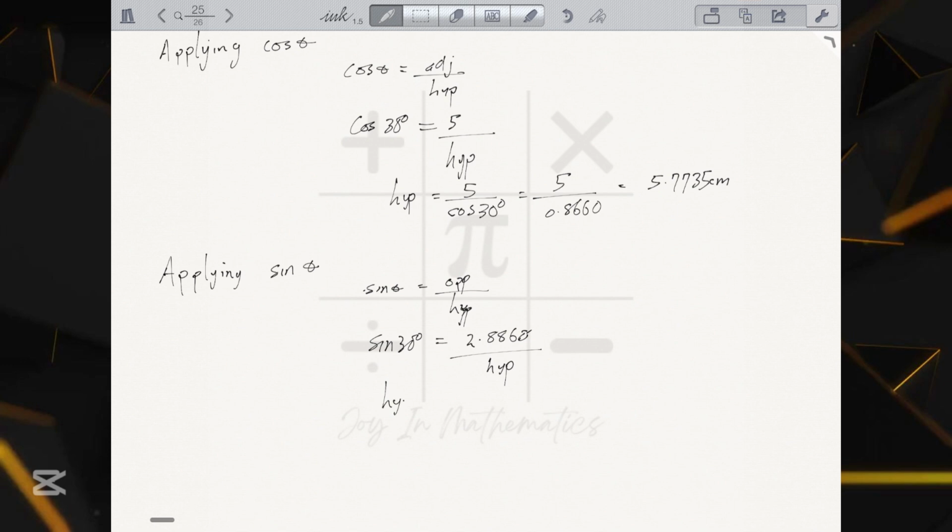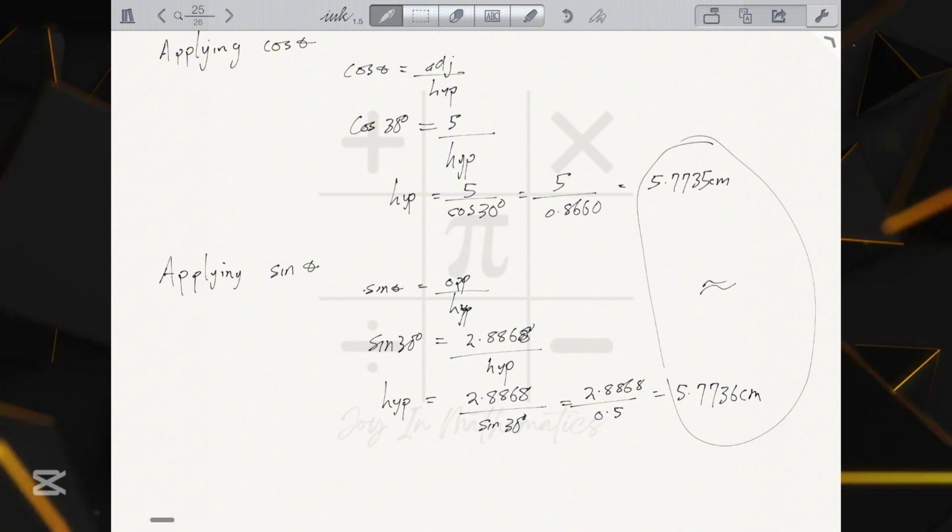If we make the hypotenuse the subject of the formula, we will have 2.8868 divided by sine 30 degrees. Sine 30 degrees is 0.5, and simplifying this with our calculator, this would give us 5.7736 centimeters. Now we can see that these are nearly the same thing. They're approximately the same. So whichever way we evaluate it, we will get the correct answer.